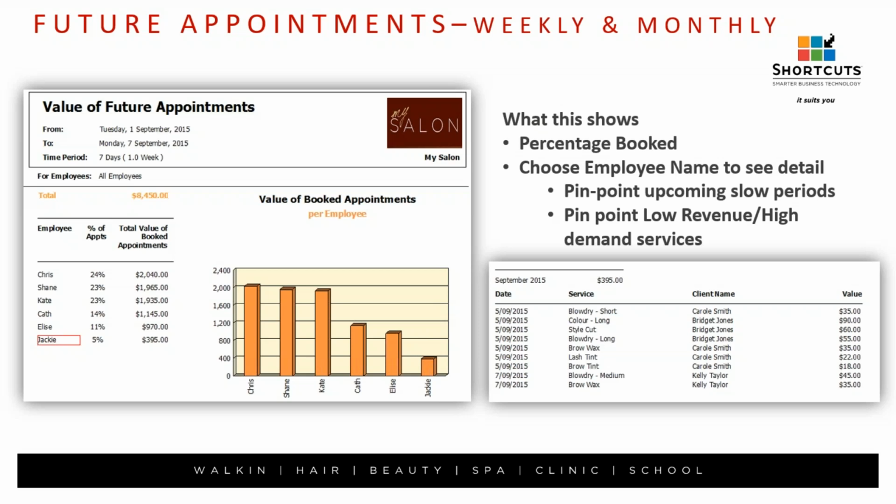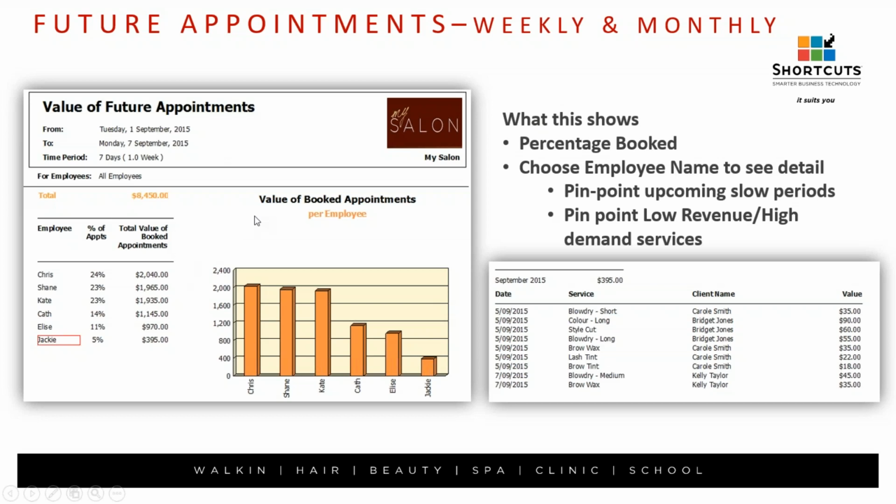When's the appointment scheduled for? What's the service and who's performing it? So you can absolutely find out what are your hottest selling services at this location. So value of future appointments. If you want to investigate the next week or the next month, this would be a very good report to start with.